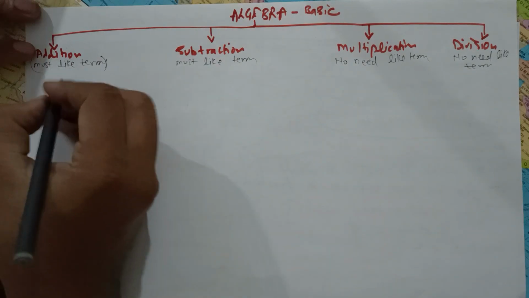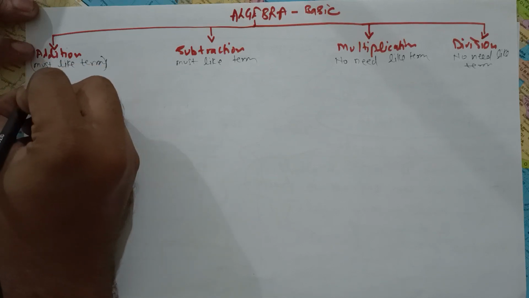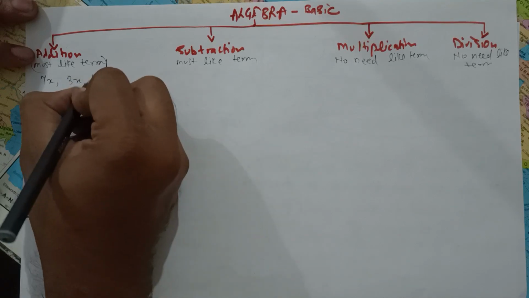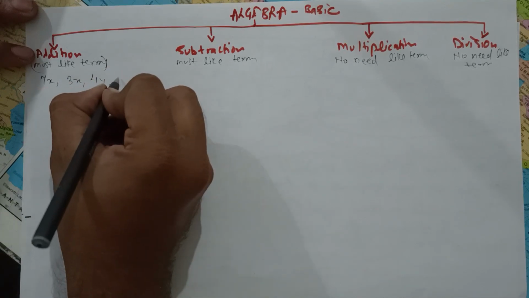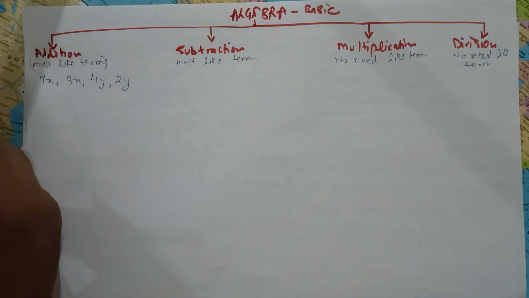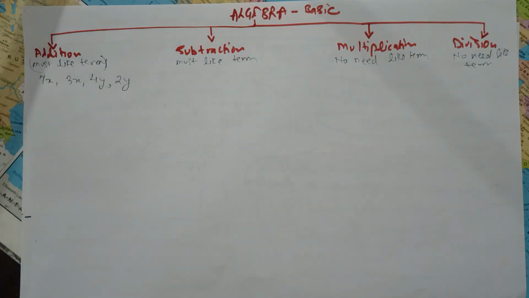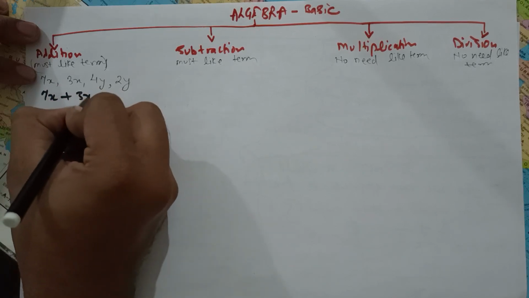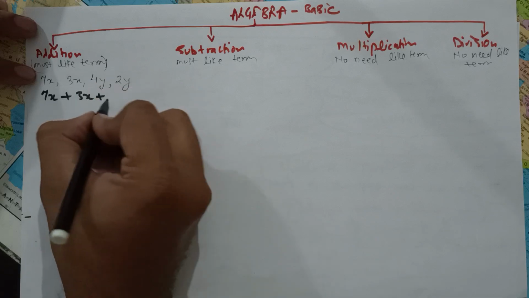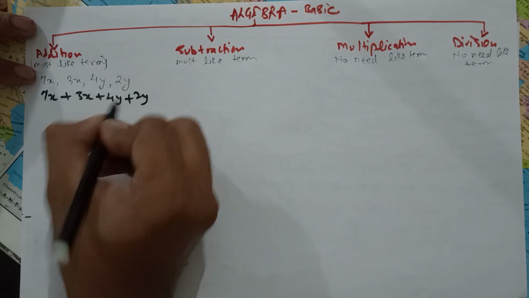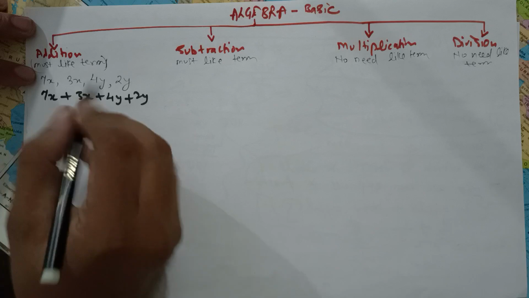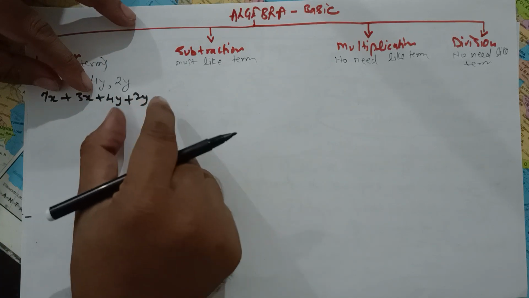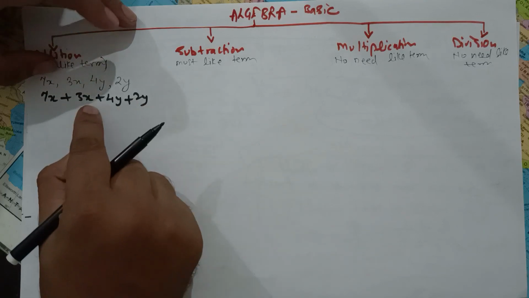So for example, one question is given: add the following terms 7x, 3x, 4y, 2y. Just do it the simple way, add it. 7x plus 3x plus 4y plus 2y. 7 plus 3, 10x, and this 4y, 2y must be in another part, because this is y, this is x.